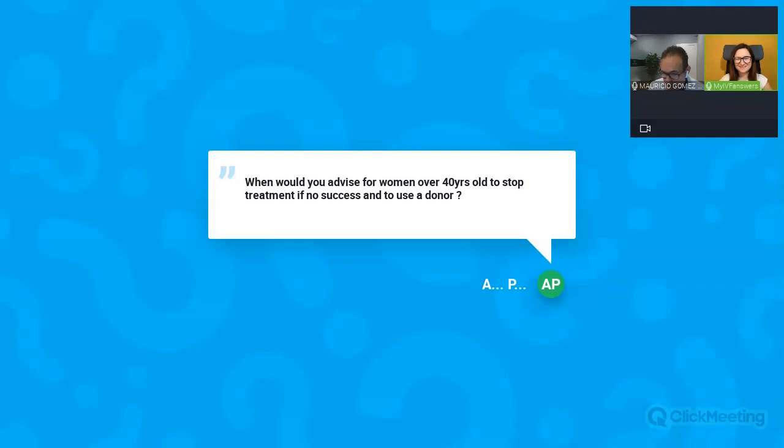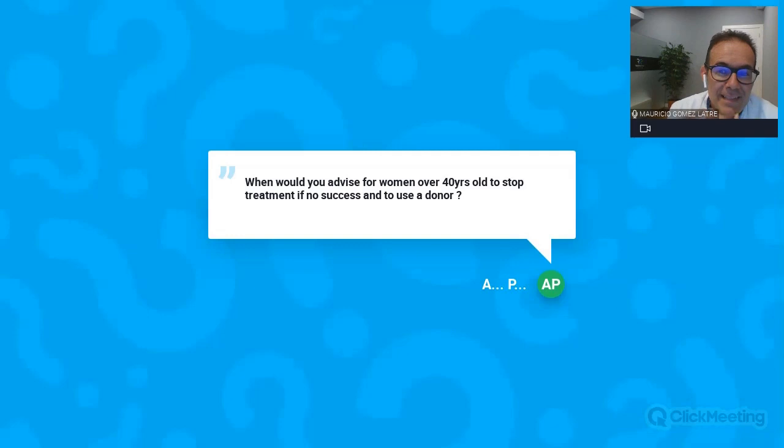It depends on many factors, obviously. It depends, for example, on the number of eggs and finally the number of embryos we get after a treatment. For example, if from a first ovarian stimulation we take fewer than 3 eggs, a low ovarian response, and from these eggs we are not able to achieve any embryo to study, to make this pre-implantational genetic study, that's why we talk with the patients.